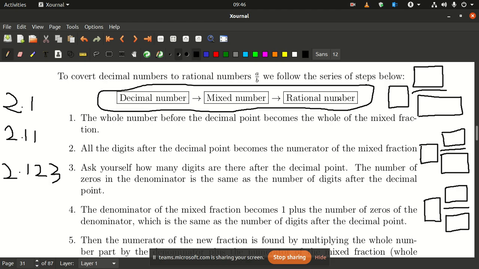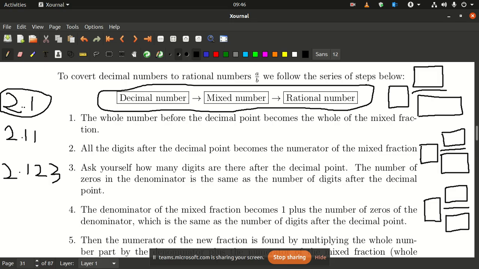The first thing I want you to realize is that when you have a decimal number, the number before the decimal point is the whole part, and the number after the decimal point is the fractional part. This dot is separating those two.